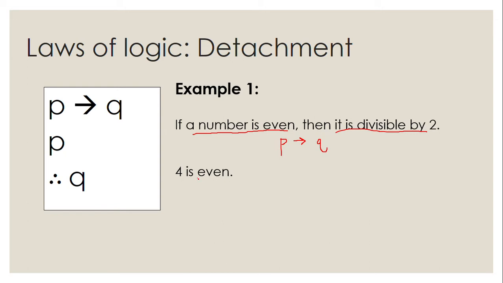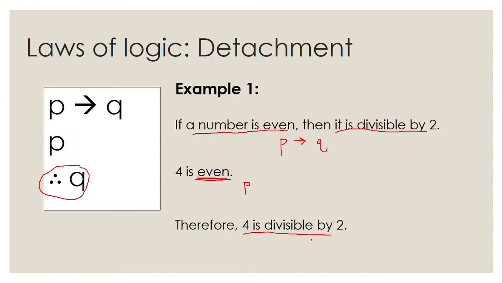So that's about a number being even, which was our letter P. And by the law of detachment, if we have P, we should be able to conclude, therefore, Q is true. So we should be able to conclude that, hey, if 4 is even, it's got to be divisible by 2. And that, in fact, is our conclusion. Therefore, 4 is divisible by 2, and that was Q.